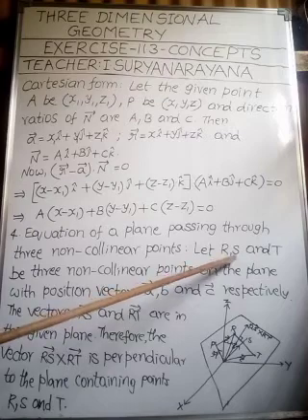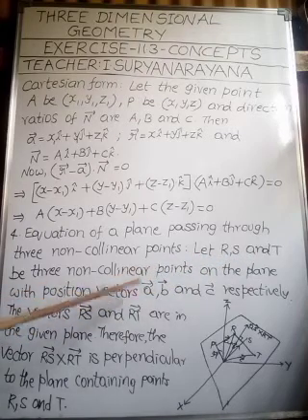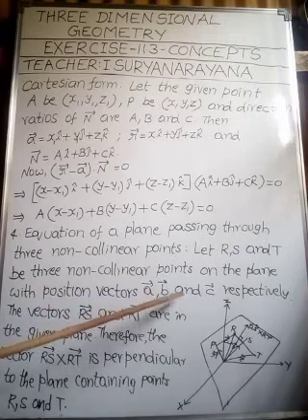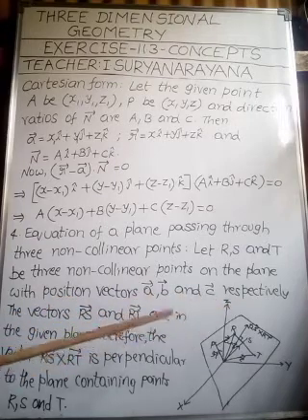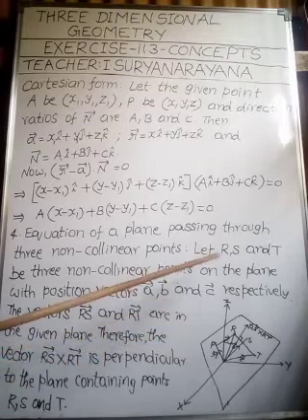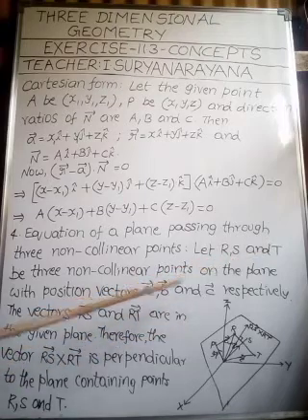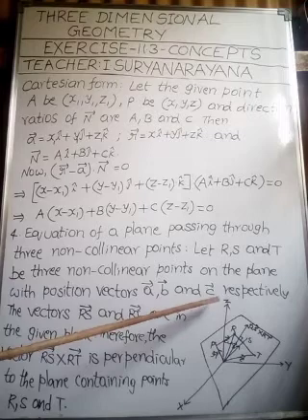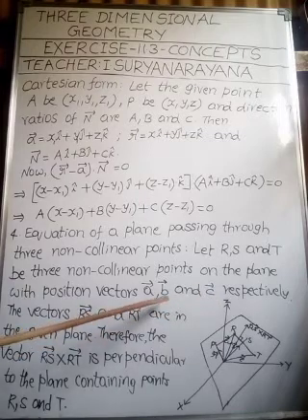Let R, S and T be three non-collinear points on the plane with position vectors A bar, B bar and C bar respectively. Okay, my children, understood this point?